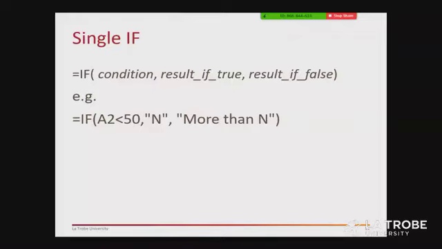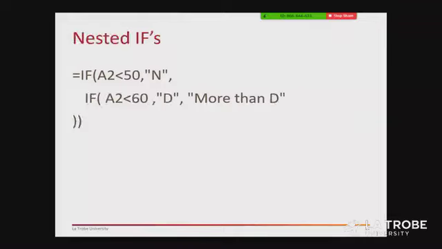Where it says "more than N", you can just stick another if statement in that spot. You say if A2 is less than 50, N, comma, and then in that spot where it used to say "more than N", we stuck a whole other if statement: if A2 is less than 60, D. Why didn't we say if A2 is greater than or equal to 50, because the D is between 50 and 60?